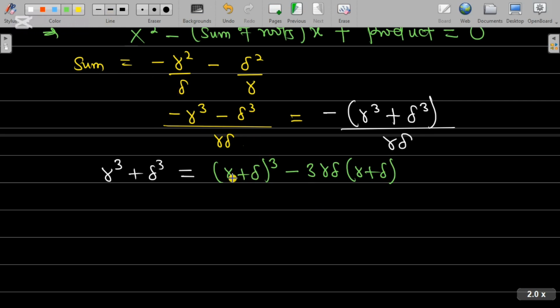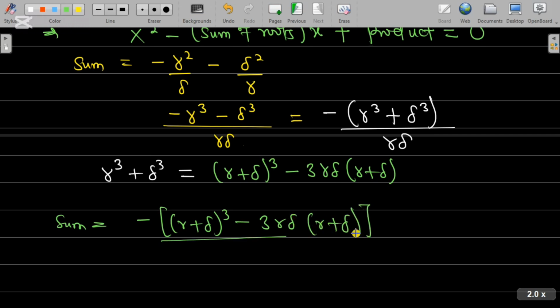By the time you expand this one and make this the subject of the formula, you are going to get this. Then finally we'll just substitute here, and that means our sum will be minus of gamma plus delta all raised to the power of 3, minus 3 gamma delta into gamma plus delta, close the bracket, all over gamma delta.